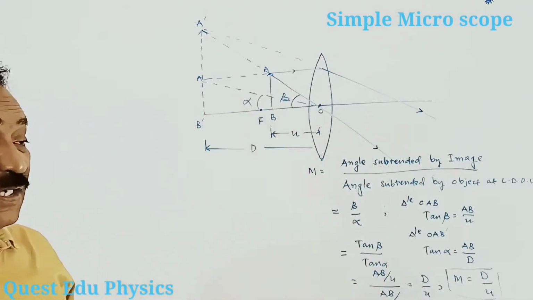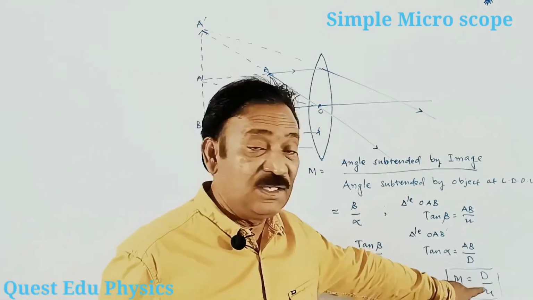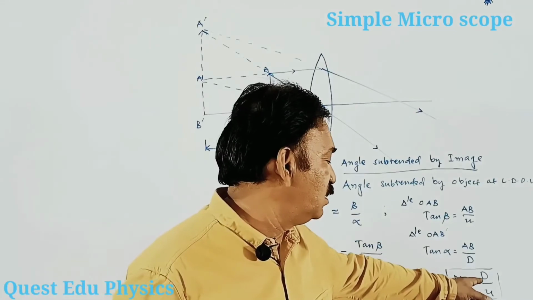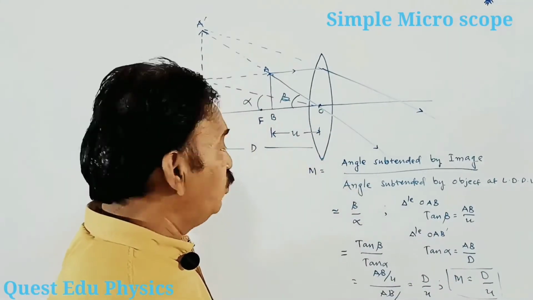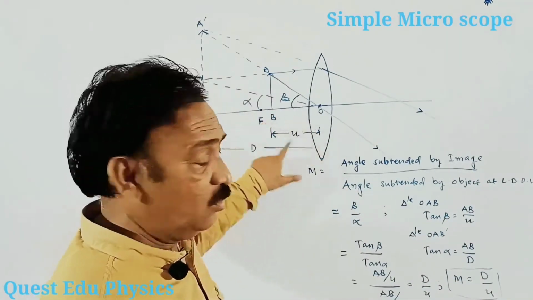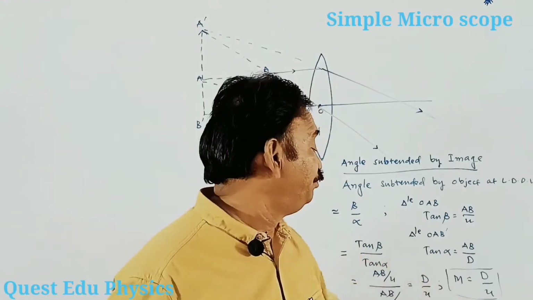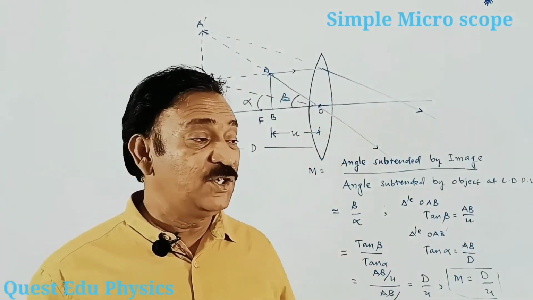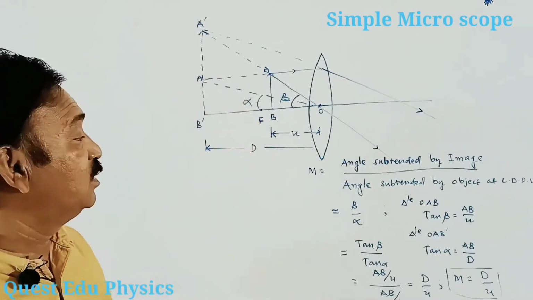Here the magnification is the ratio of the image distance to the object distance. If you keep the sign convention also, you will get the same result. D has to be taken as negative and U also is negative. Then minus minus gets cancelled and you get the magnification as D by U. Since it's a ratio, it doesn't have any units, you know that, students.